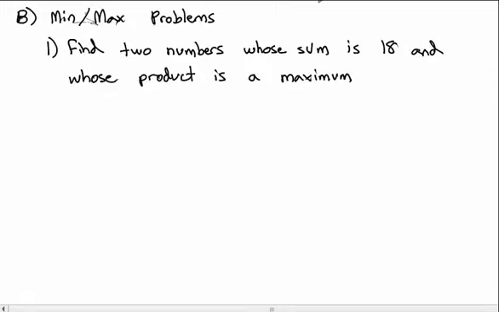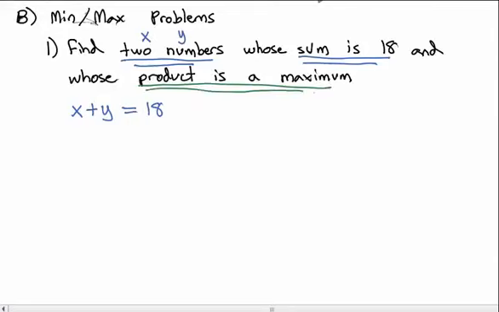Looking at the information we have, we know we've got 2 numbers. So let's call those 2 numbers x and y. We know their sum is 18. x plus y must equal 18. And what we're asked to do is take their product and maximize their product. In other words, we want to multiply them together, x times y, and we want to maximize this.